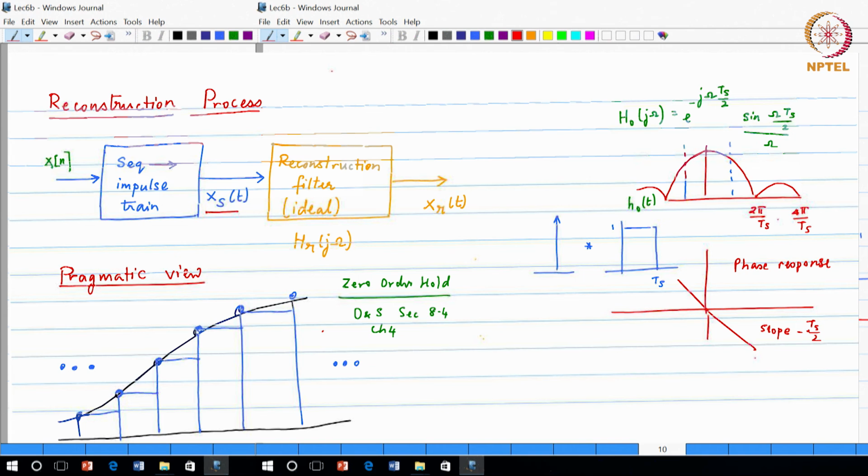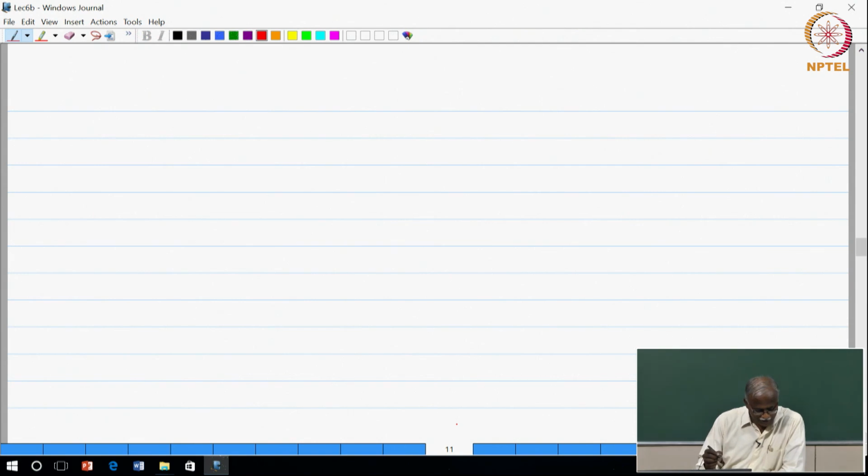Now, the key point to note is that we are interested in a cascade. So basically, this impulse train has now been replaced by the staircase function. After this will come a reconstruction filter. We now cannot use the original reconstruction filter, but need to use H_R prime of j omega.